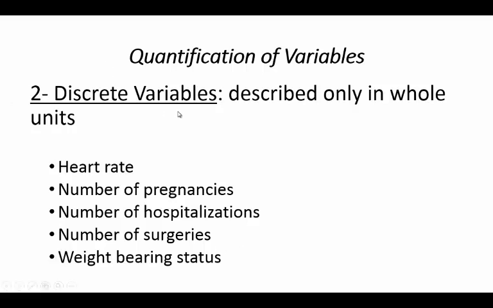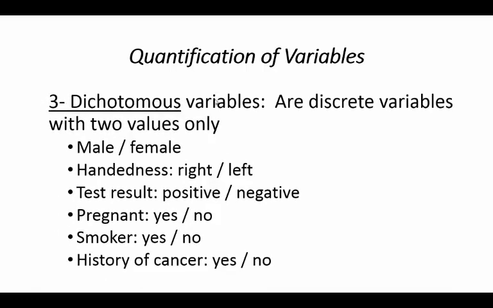Sometimes these discrete variables come in a way that can only be answered in 2 possibilities, and these are called dichotomous variables. Dichotomous variables are discrete variables because they have whole numbers, they can't have fractions, but the answer to these variables can have 2 values only.